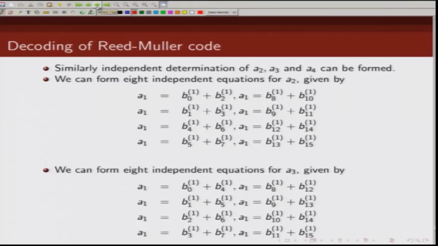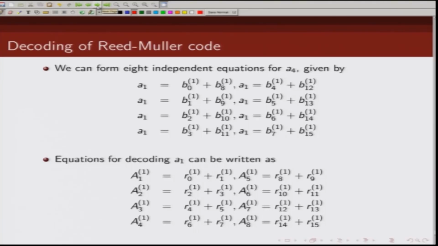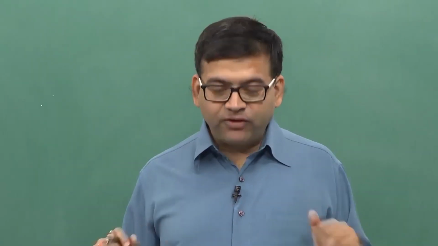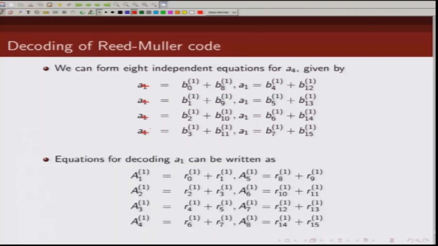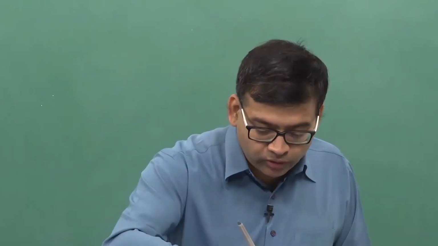Again this is just a typo, this should be A2 here, and similarly this is A3 here, and this is A4 here. This is exactly the same procedure I followed for A1, we are using for A2, A3, A4, getting 8 independent equations, and we take a majority decision in decoding these.